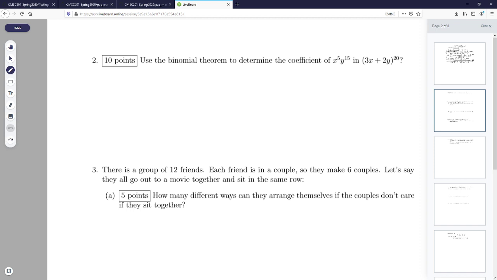I guess my only hint is probably that you want to think about it as like a is equal to 3x, b is equal to 2y, and consider the term in the binomial expansion of a plus b to the 20th power. But other than that, I shouldn't have to say this.